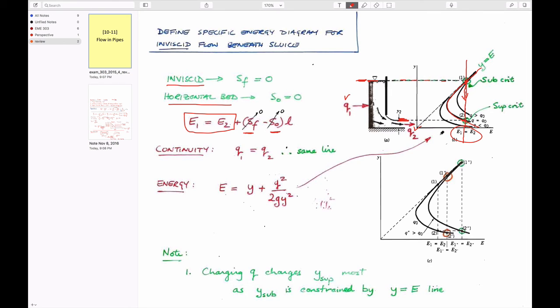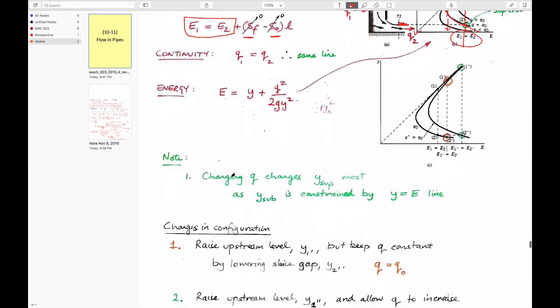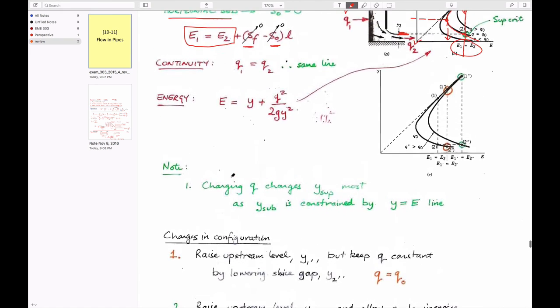If you wanted to look at a flow for this same flow rate, which was on the verge of criticality, just the critical flow, then it would be this point here, the depth would be this, and the energy would be this amount. And so you can use that to navigate your way around and to determine exactly what flows are.